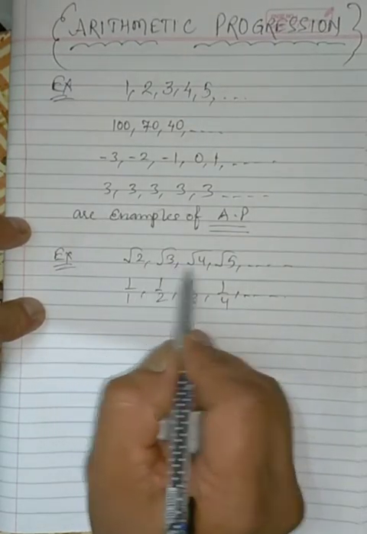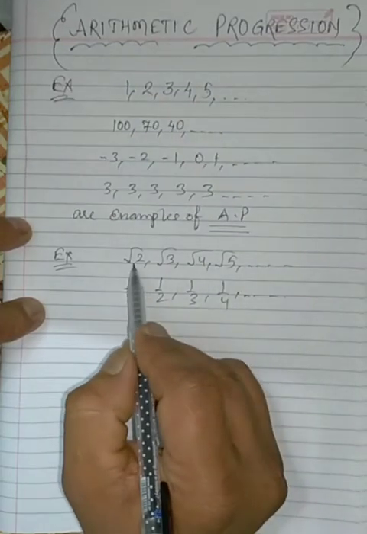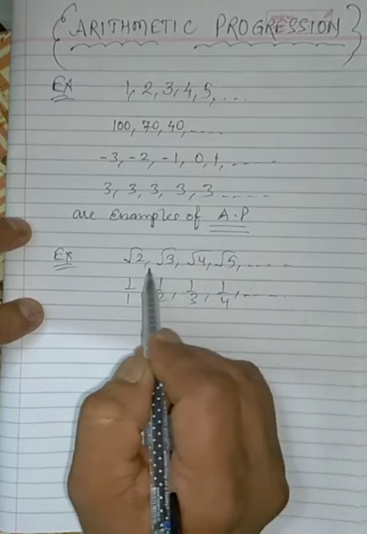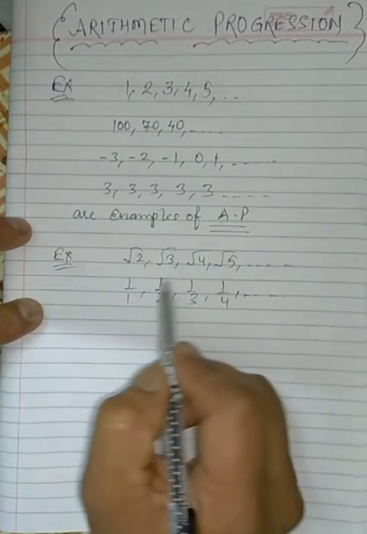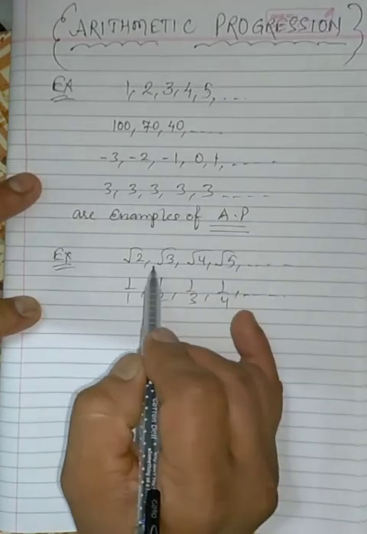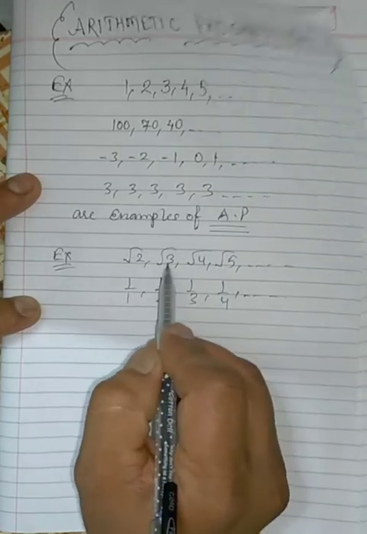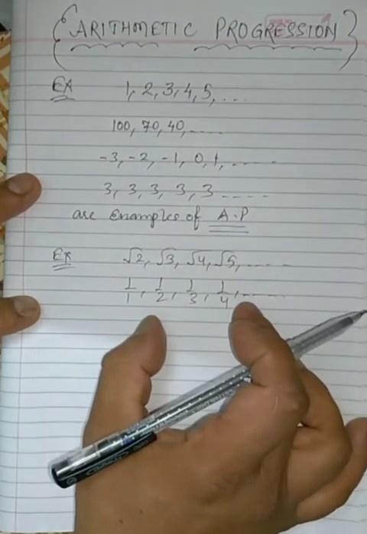Now it looks like they are also increasing in a regular interval, but root 2, root 3, root 4, root 5, or 1 by 1, 1 by 2, 1 by 3, 1 by 4 are not the examples of arithmetic progression, as they are not changing at a regular interval, because difference of two consecutive numbers is not same in these two cases.